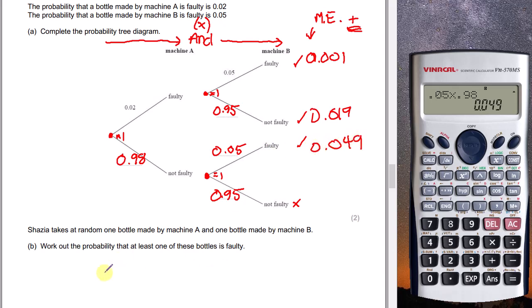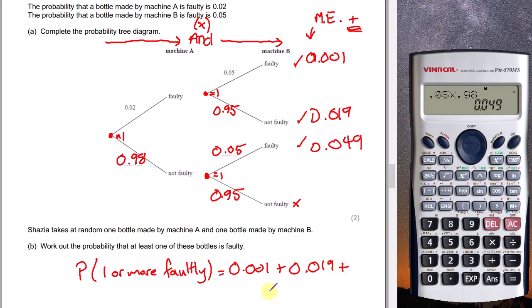So my probability of one or more faulty is the sum of those three probabilities, 0.001 plus 0.019 plus 0.049. Now, because these two were ticked, I actually only need to add in that probability. 0.001 plus 0.019.